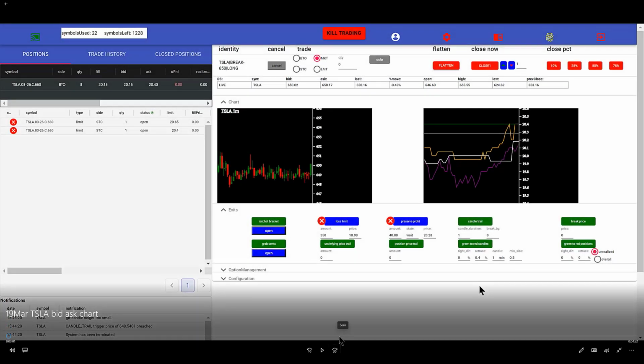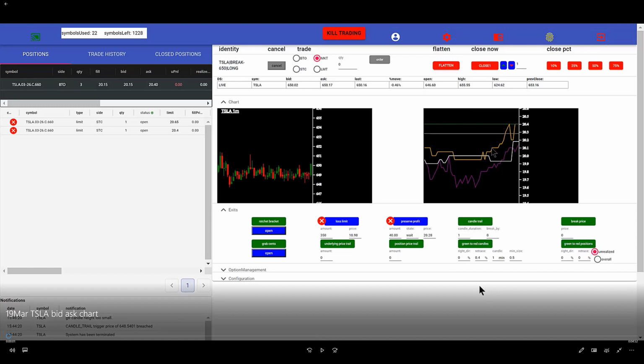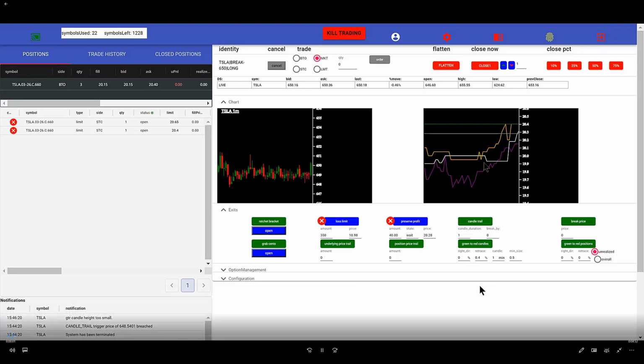So speaking of enhancements, we just got this in on Friday the 19th. You can see that the chart on the right now for the option, rather than having candles that are kind of meaningless at times with options because they don't trade very frequently, we're just showing the bid and the ask and last.